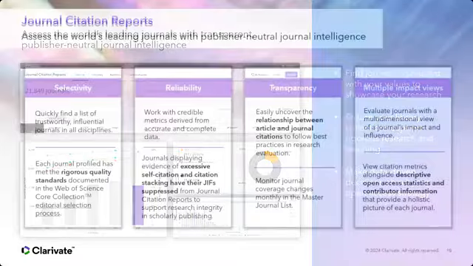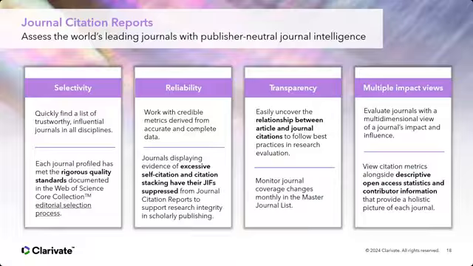The journal citation report holds multiple indicators for the journal, not just the journal impact factor and quartiles, but also other metrics that show you the influence of the journal, and things like its citation relationships with other journals. This gives you transparency on the quality and the impact of these journals.